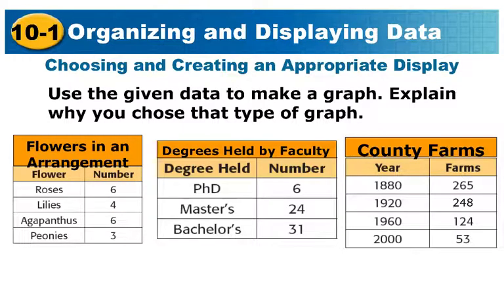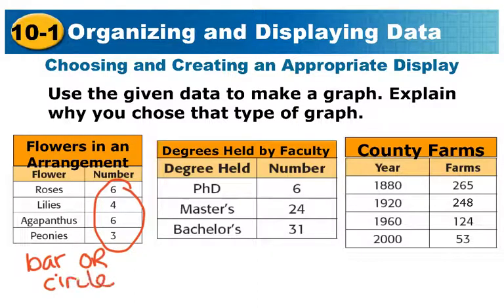They don't necessarily make up a whole. If you're talking about the entire arrangement, I guess you could do a circle graph. So I'm going to say bar or circle graph, but in case you're wondering, the answer key doesn't necessarily say circle graph. But if we're talking about an arrangement in total versus in a store, anyway, circle graph works.